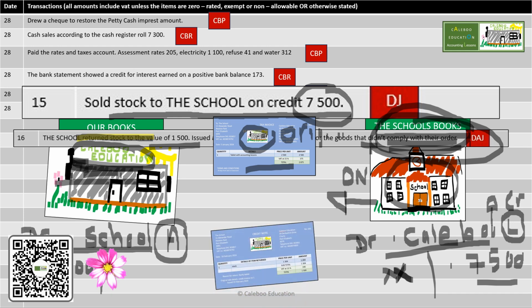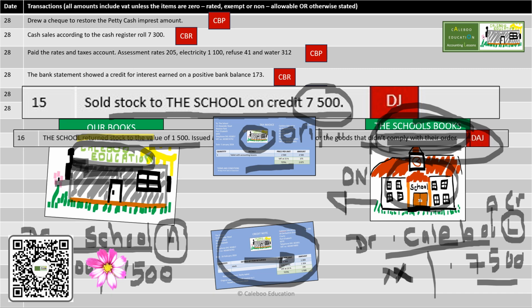Calibre Education issues a credit note for 1,500. The original goes to the school. Calibre Education keeps the duplicate. They're going to credit the school's account, a decrease in assets.